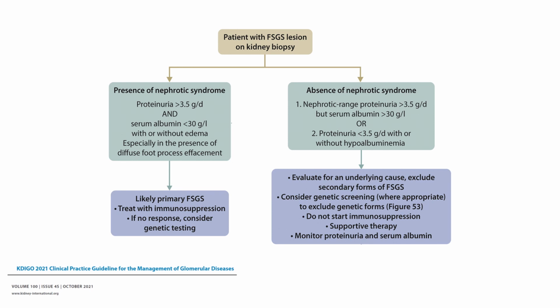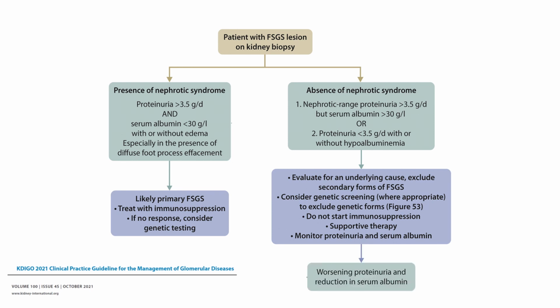You have to evaluate for underlying cause and exclude FSGS, and to consider genetic screening when appropriate, especially if there is a family history, to exclude genetic form. In this case, we will not start immunosuppression, only supportive therapy, and monitor proteinuria and serum albumin.